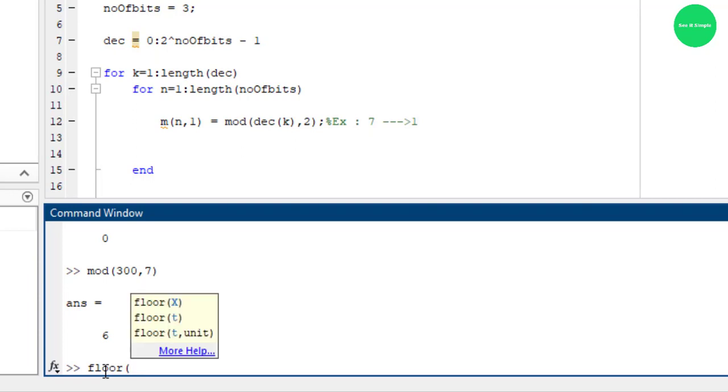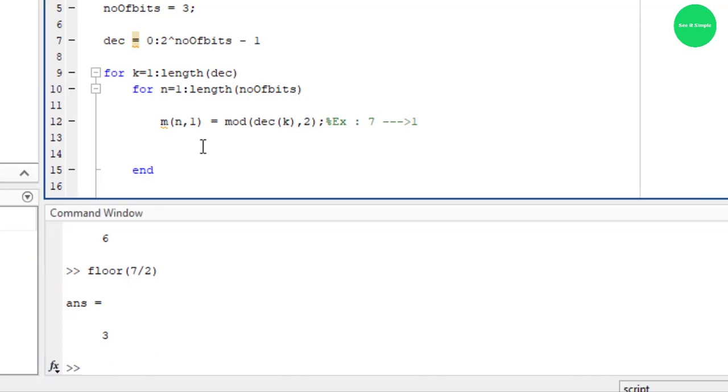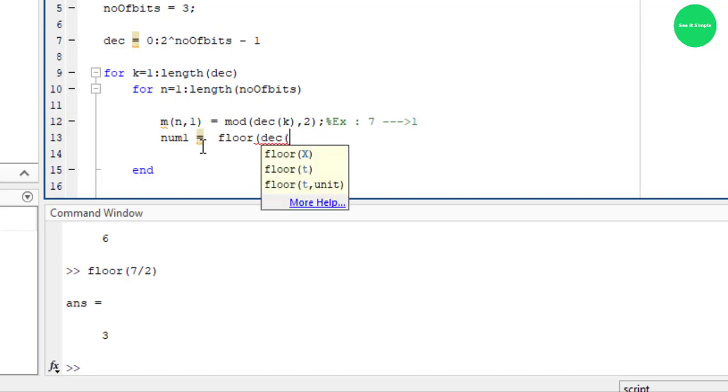For example, we take 7 by 2. It rounds towards negative infinity. Let's see, 7 by 2 is 3.5. The nearest integer towards negative infinity is 3. So to get that value, num1 equal floor of the decimal divided by 2.